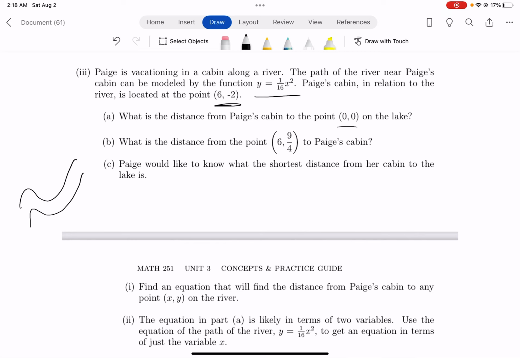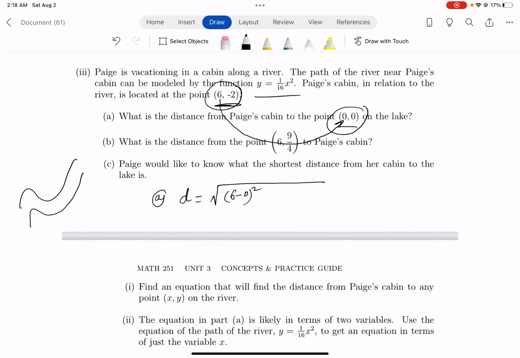The equation for that distance, let's look at it here. A, the equation, it's the distance D. You have to look for these two points. This is Paige's cabin, and this is the other point. So you're going to do 6, the x-coordinate, minus 0, squared.